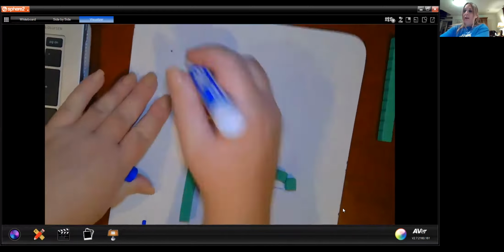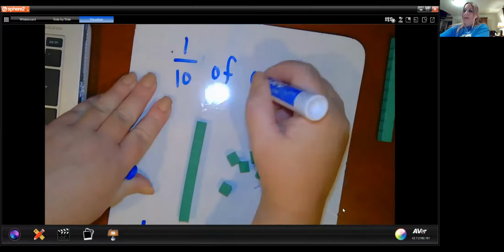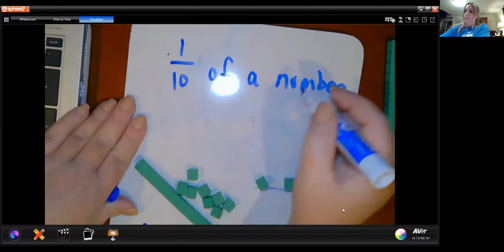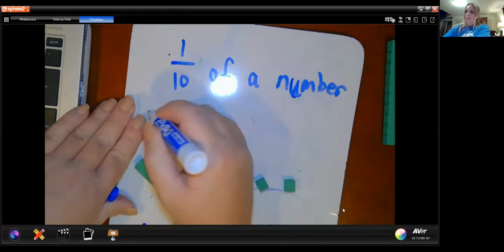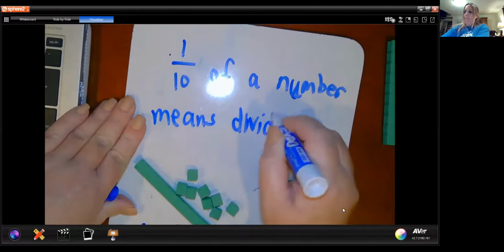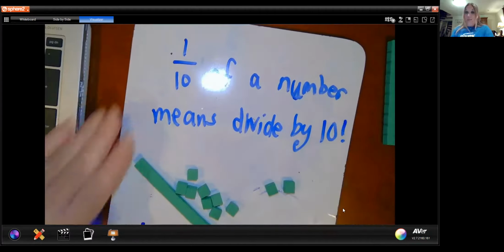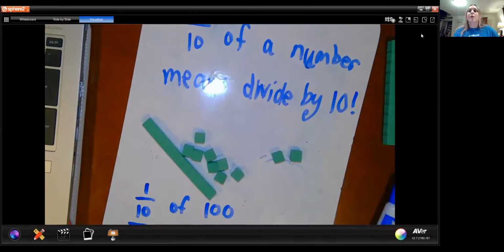So, very important concept, 1/10 of a number means divide by 10. You can see I'm in a hurry right now because this is turning into a very long video.